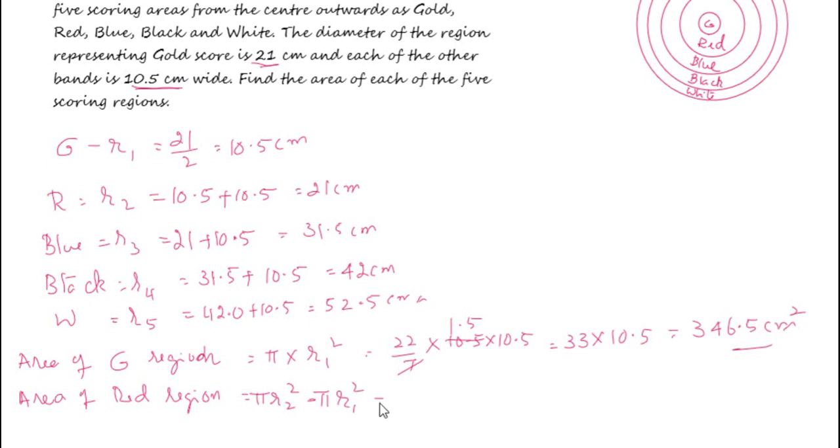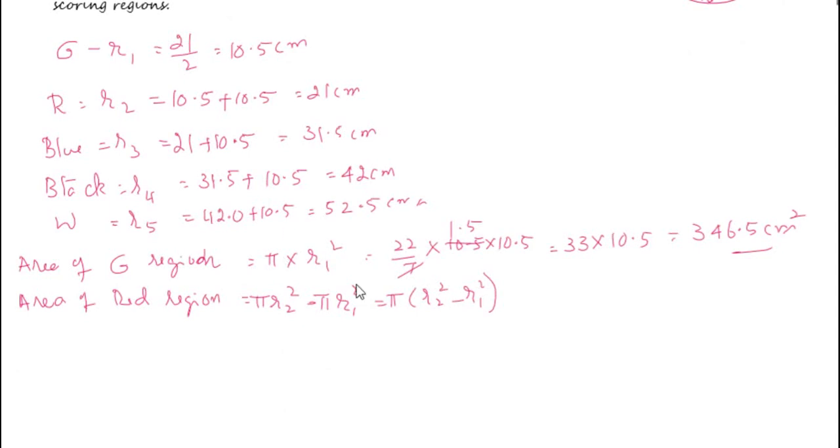If you take pi out, pi into R2 square minus R1 square, this is in the form of a square minus b square, so it is pi into R2 plus R1, that is a plus b into R2 minus R1.